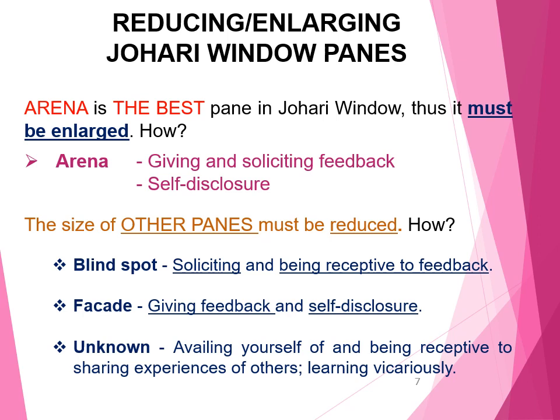And there are some pins that must be reduced, which are the pins that are not good for the relationship. So in this case, arena is the pin that needs to be enlarged because an organization need to strive to be in that situation. And for the blind spot, facet and unknown, the sizes of the pins, these three pins must be reduced.